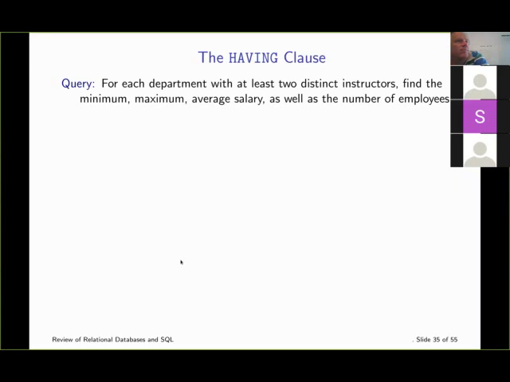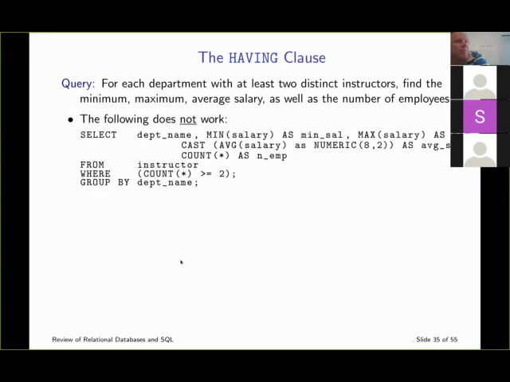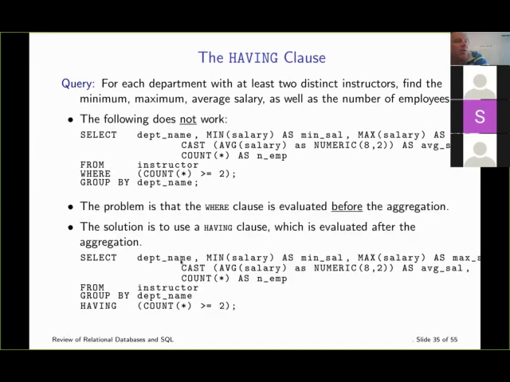All right, the having. The following does not work. But what we can do is, once we calculate the results from the aggregation, we can apply the condition having on that. What we're looking for here is to find the departments with at least 2 instructors, and then give the minimum, maximum, average salary as well as the number of employees.